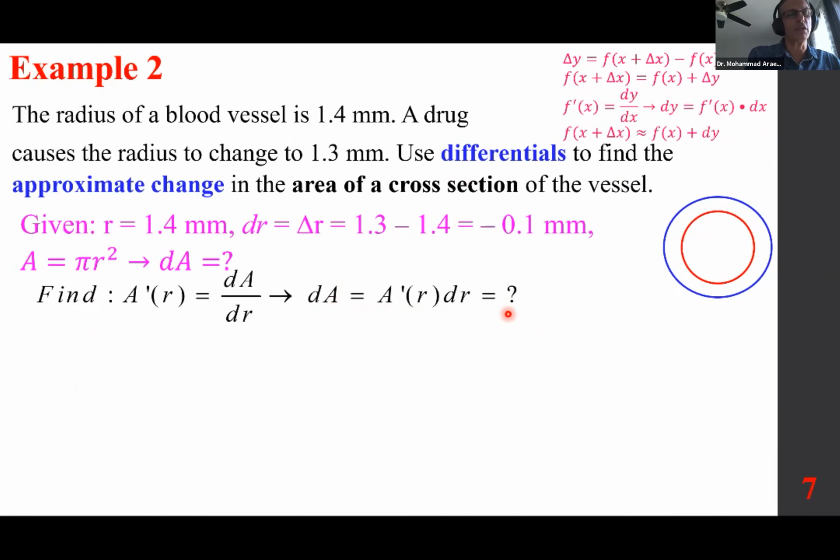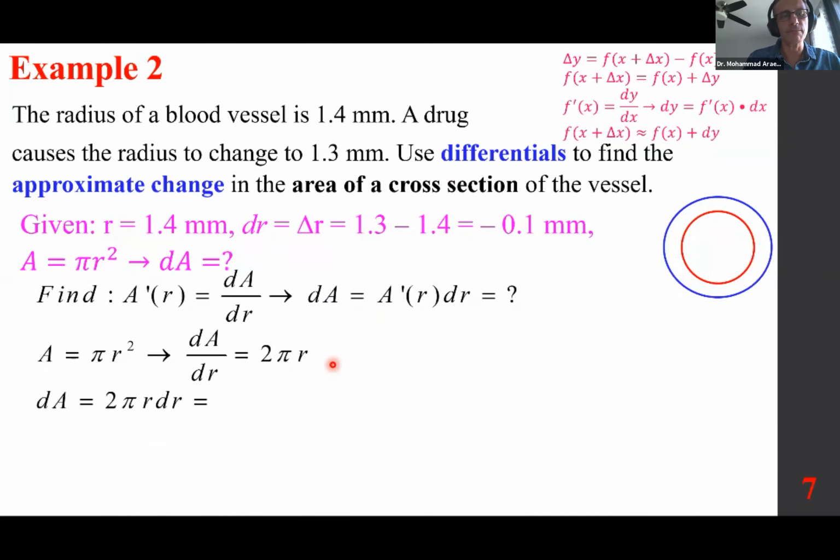So let's differentiate this with respect to r, which becomes pi times 2r, or simply put 2 pi r. And dA is the product of the same thing with dr, just tag along dr. Now replace the r, that's why you write the given, with 1.4, and dr with negative 0.1.